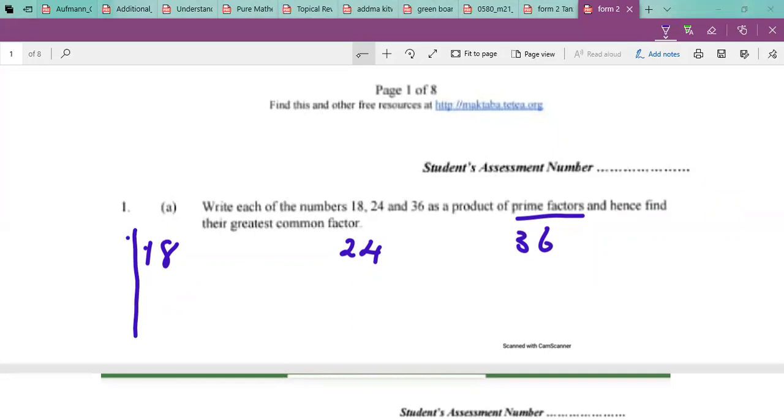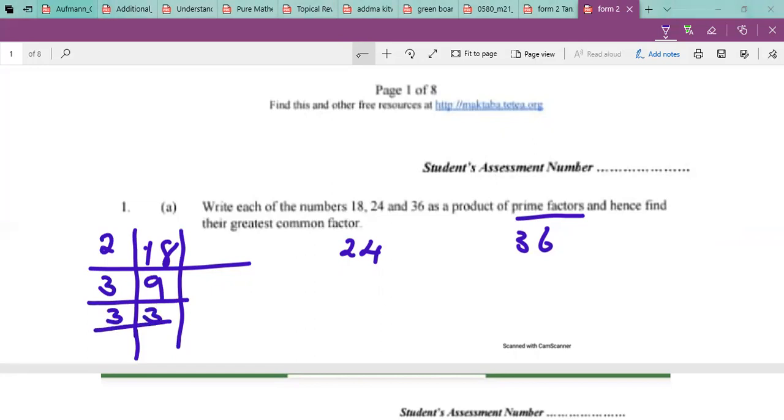So for 18, we can easily do this table. Here we'll be slotting in the prime numbers which are factors of 18. Remember, the first prime number is 2, and 2 is a factor of 18. So 2 into 18 is 9. 2 cannot divide into 9 exactly, hence we pick the next prime number, which is 3. 3 into 9 is 3. 3 into 3 is 1.